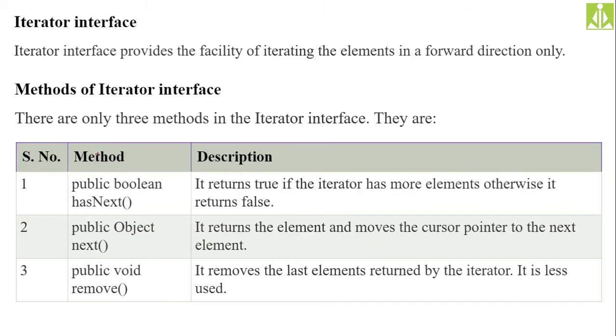And then we have the Iterator interface, which is not part of our class and interface hierarchy, which I showed in my previous slide. The Iterator interface facilitates iterating the elements in the forward direction. Whenever we have a collection, take the example of an array. It is not possible to access the elements if you don't move back and forth inside that array.